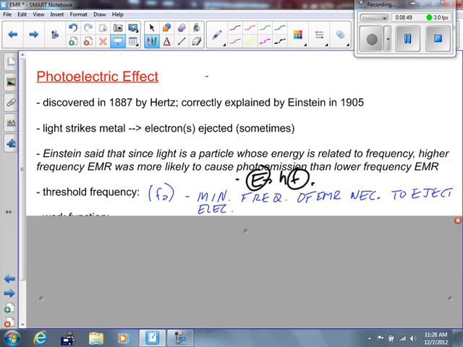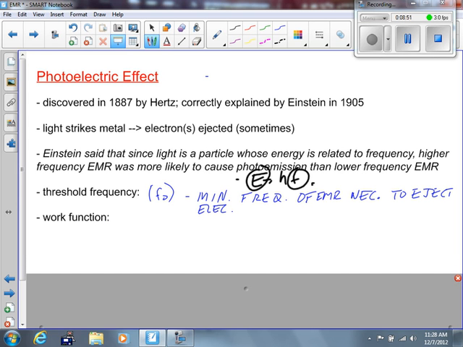Well, if there's a minimum frequency, there's therefore going to be a minimum energy as well. The minimum energy is called the work function. The work function is the minimum energy of EMR necessary to eject electrons.